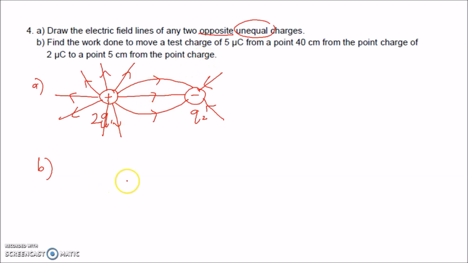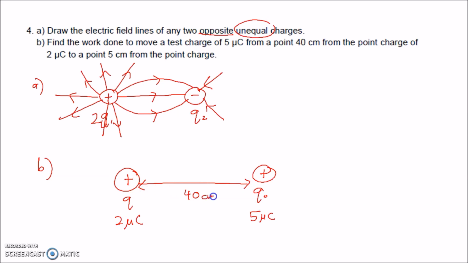So we have a point charge which is positive 2 microcoulomb, and we want to move the test charge positive Q0, 5 microcoulomb, from 40 cm. So initial is 40 cm. Let's say this is point A, initial, to 5 cm, which is at this point. We label it as point B.